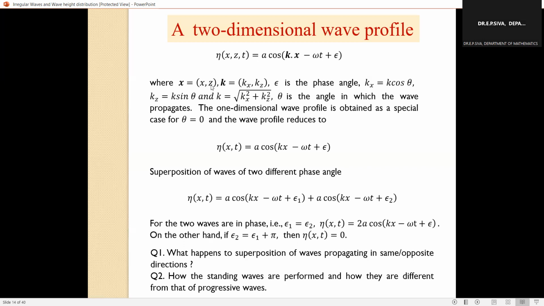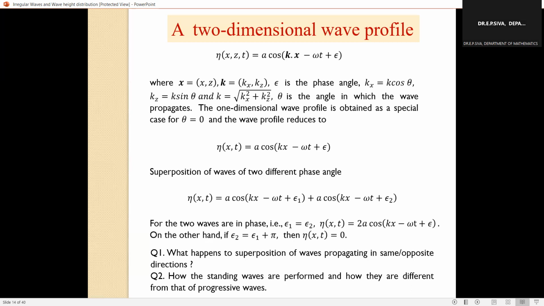So eta is a function of two variables, a two-dimensional wave. When theta becomes 0, this dot product reduces to kx minus omega t. That is the way from one dimension to two dimensions. I use the same notation, just replacing the product with a dot, to make it a two-dimensional wave.